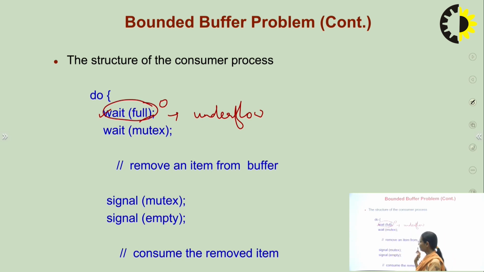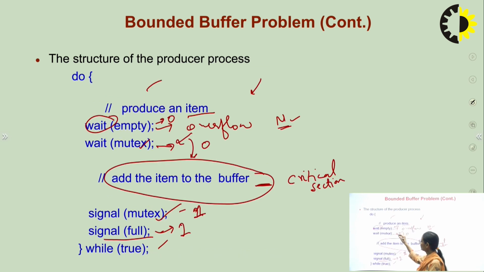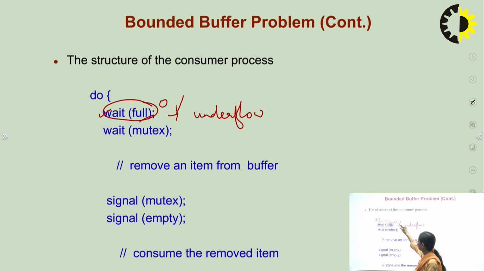Now what will happen after this? Here, as soon as the first item has been produced, that is full becomes 1. Now this will come out of the wait operation and it will move to this wait mutex. And we have seen earlier its value has been updated to 1. When it moves to its critical section, it will remove an item from the buffer.